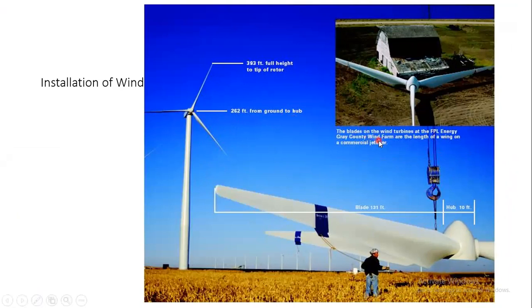The blades on the wind turbines at the FPL Energy Gray County wind farm are the length of a wing on a commercial jetliner. You can see the enormous size of this wind blade, and it is in one piece. This is the size of the blade.